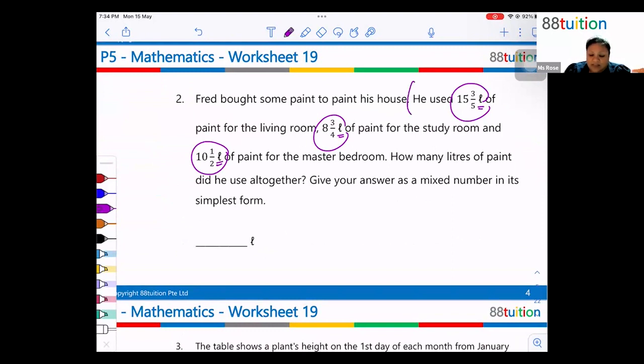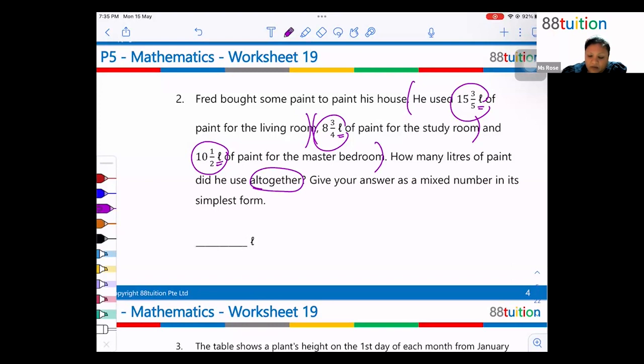He used 15 and 3 out of 5 liters of paint for the living room, 8 and 3 out of 4 liters of paint for the study room, and 10 and a half liters of paint for the master bedroom. You want to find how many liters of paint he used altogether. So in this case, what you need to do is add up everything.